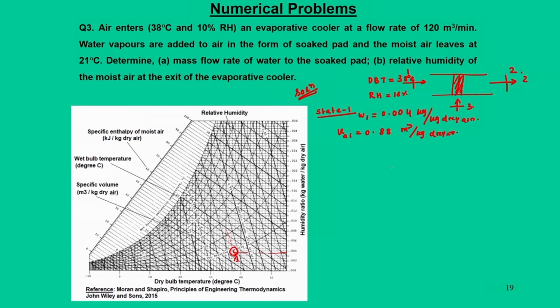We can take approximately 0.88. Then m dot a we can calculate, that is equal to V1 by v1, V1 is given as 120 by 60, divided by small v1, 0.88. So, this number would be 22.7 kg per second.